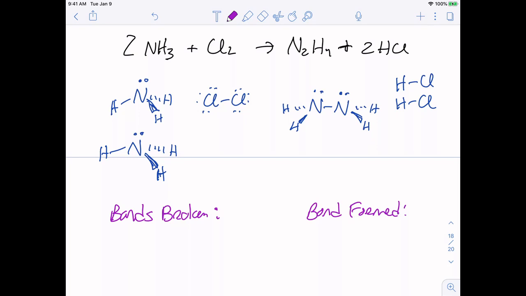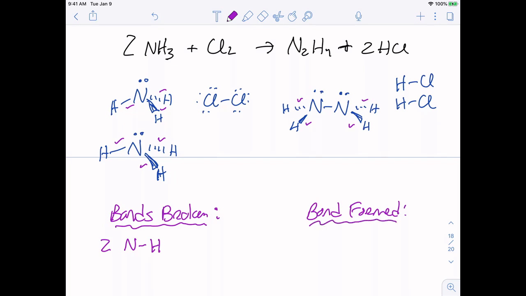If I look at my reactant side, I have 6 bonds between nitrogen and hydrogen, right? 1 here, 2, 3, 4, 5, 6. So I have 6 NH bonds. If I look at my product side, I only have 4 NH bonds. So when I went from reactant to product side, I broke 2 bonds between nitrogen and hydrogen. Things that I have on the reactant side that I don't have on the product side.